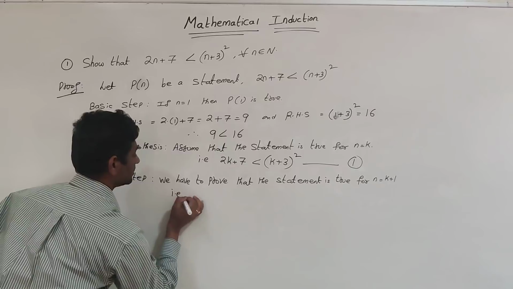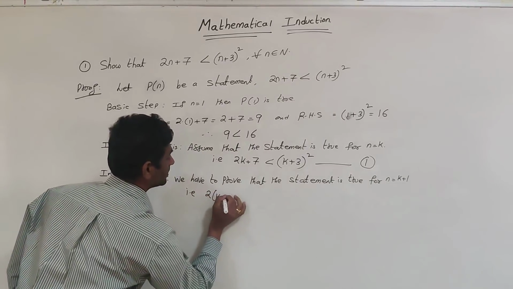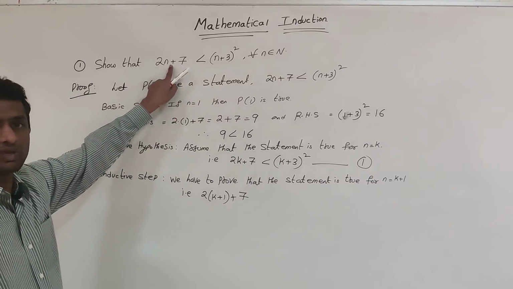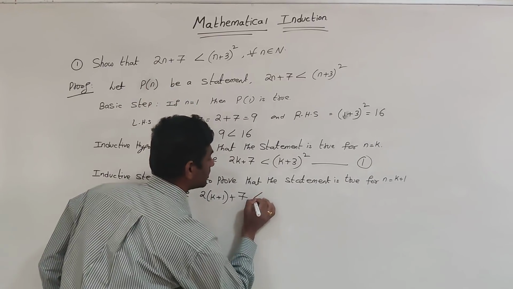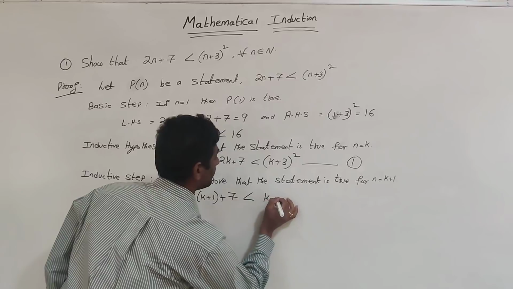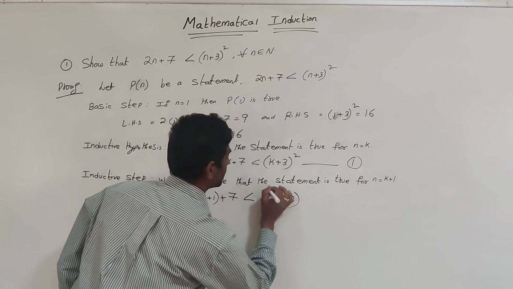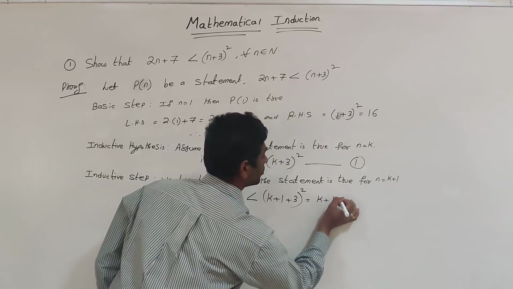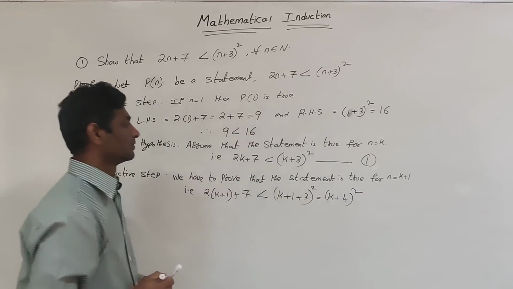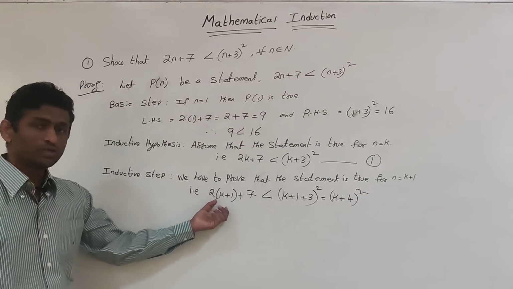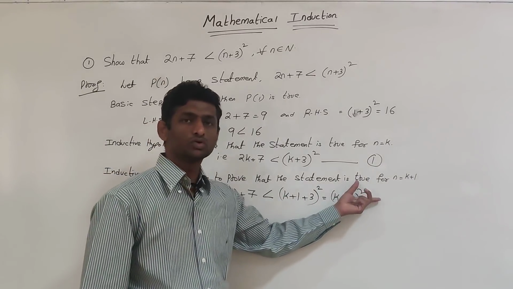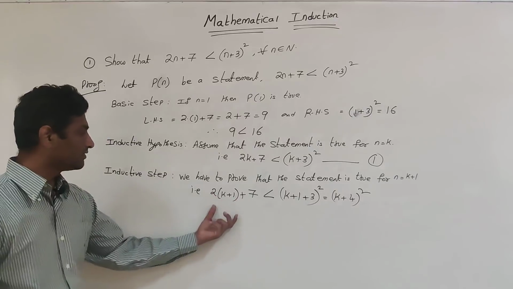That is 2 times (k plus 1) plus 7 should be less than (k plus 1 plus 3) whole square, that is (k plus 4) whole square. Now we have to show that 2 times (k plus 1) plus 7 is less than (k plus 4) whole square. Now let us take this inequality.